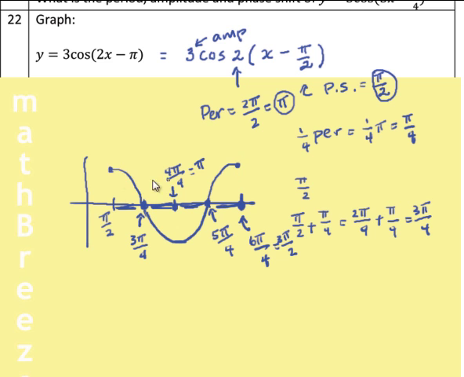So if we want to mark this point, starting with this point is at pi over 2, comma 3, because of the amplitude. Here we have 3, and at the bottom here we have minus 3 because of that amplitude. All right, so this point is at pi, minus 3.